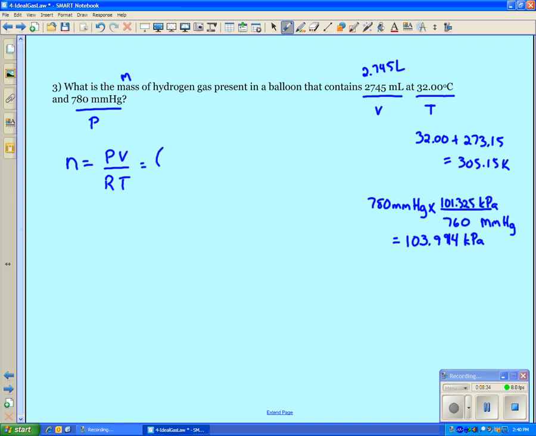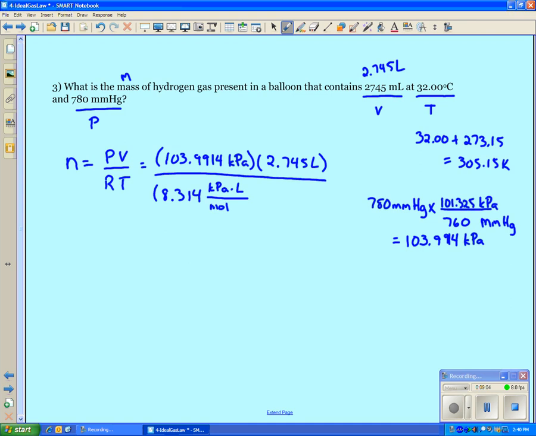So your pressure, we've just converted into kilopascals, so 103.9914 with all those other decimals still attached because you still have it in your calculator, times the volume, 2.745 liters. Divide that by ideal gas law constant, 8.314 kilopascal liters over mole Kelvin, and multiply by absolute temperature, so in kelvins, 305.15 Kelvin.